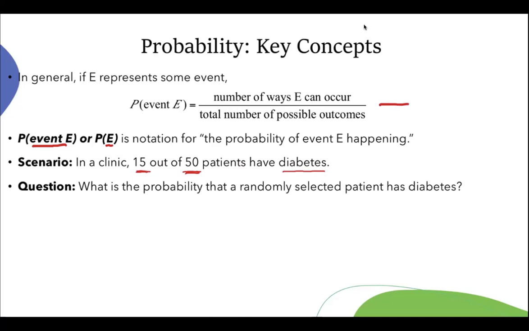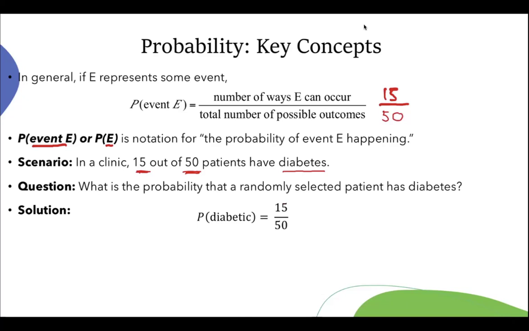Well, the total number of possible outcomes in this case is the total number of people, and that's 50. And the number of ways that you can choose a randomly selected person with diabetes is 15, because there are 15 people with diabetes. So the probability is 15 divided by 50.